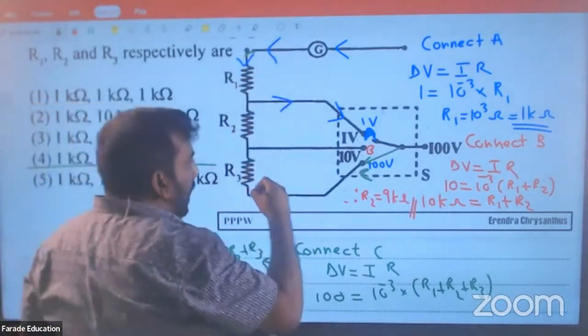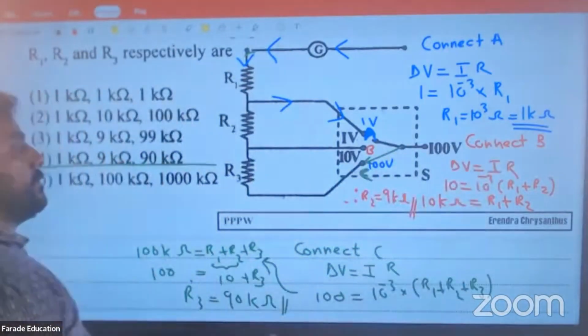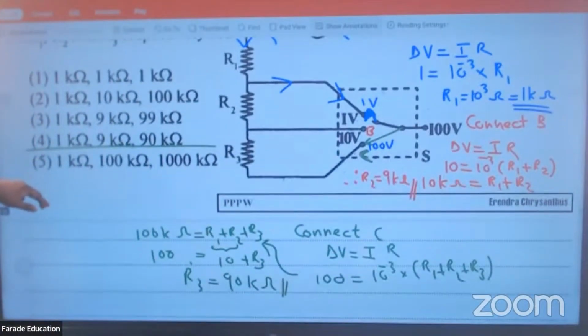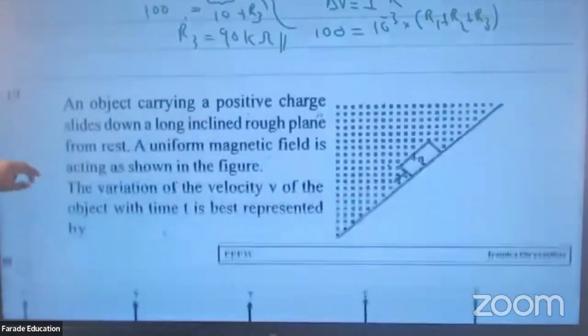So current is going through R1, R2, R3 and terminal C. Okay, now? Right.